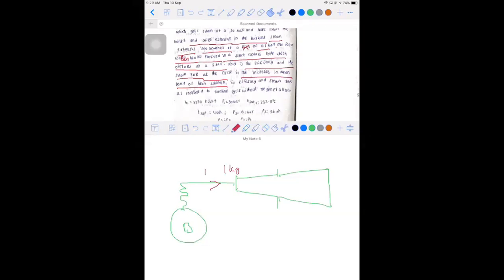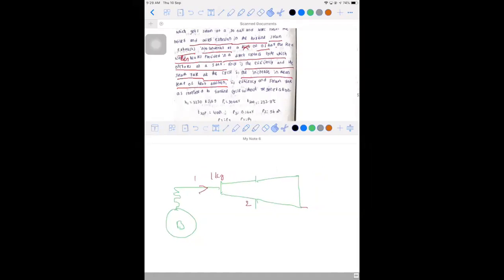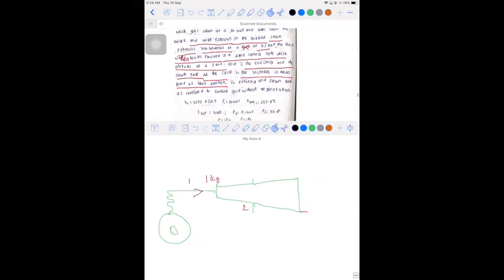Now let us say this is the state 2. And at this position, let us take m kg.